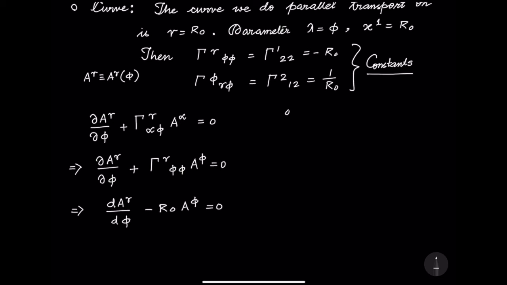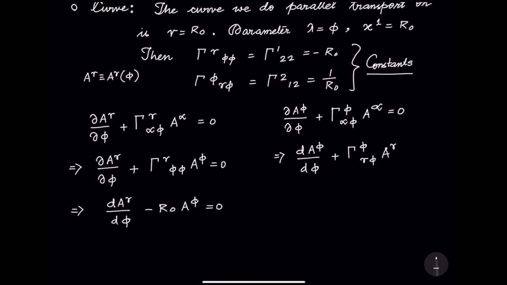Let's work out the equation for A phi, and I do the same drill. And let me change this to d here itself. I have phi upstairs and phi downstairs, so there is no other chance other than that alpha is R. That's the only thing that will be non-zero.